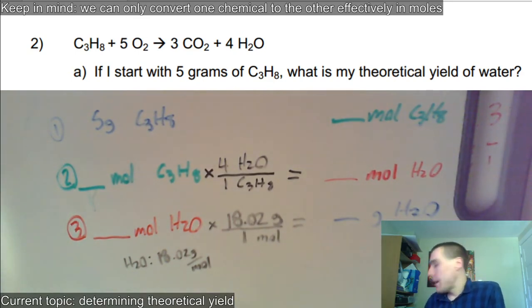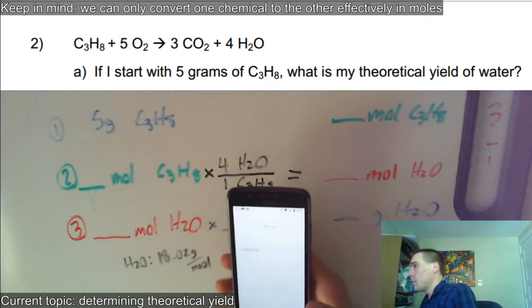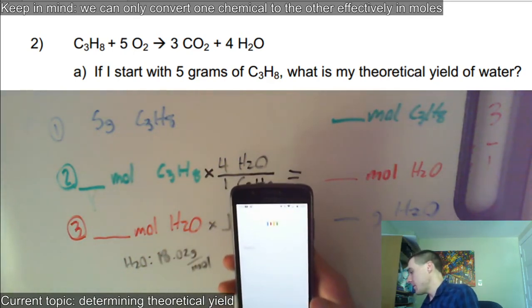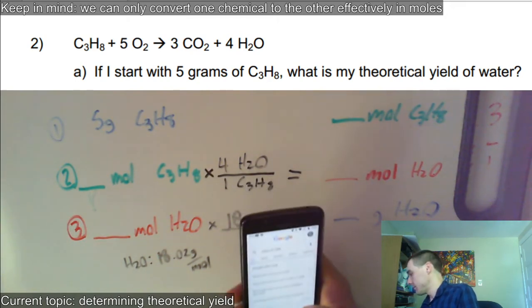And similarly, we have a conversion factor up here for C3H8. I don't know the molar mass of C3H8, so let me just get my phone to answer it for me. Molar mass of C3H8. The molar mass of propane is 44.1 grams per mole.